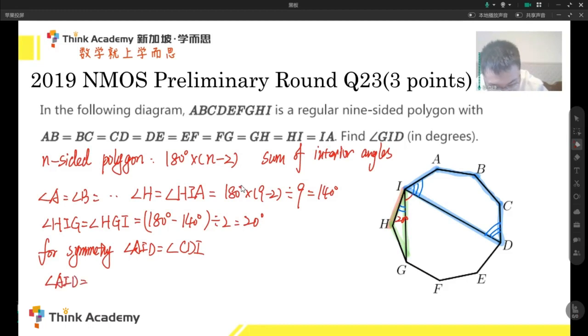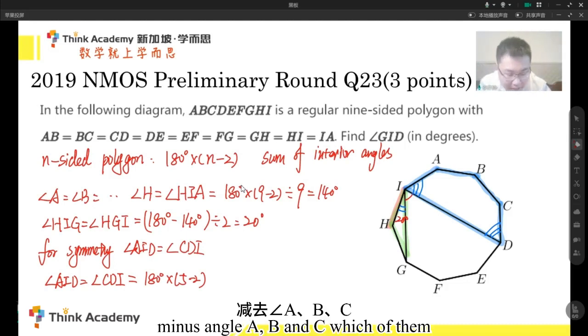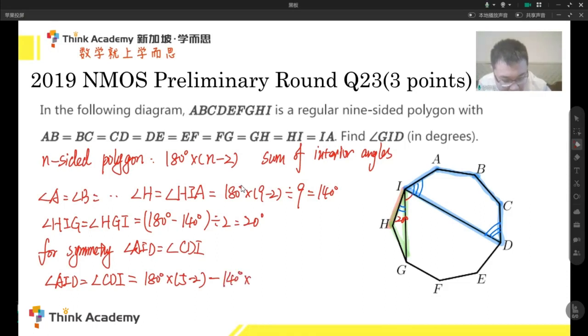As AID and CDI are equal, their sum will be the sum of interior angles of a 5-sided polygon, which is 540, minus angles A, B, and C, each of which is 140. Then we divide this by 2. We will find AID as well as CDI.